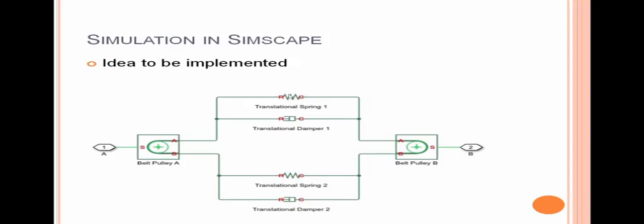Also, the main character of the belt material is its stiffness, so we need to model the belt material with some springs as shown here. Simscape has spring blocks already which can be used for this purpose. The other part that has to be modeled is the pretension weight. I will explain about this part later when we go to the Simscape project.